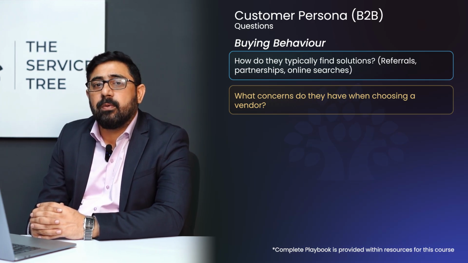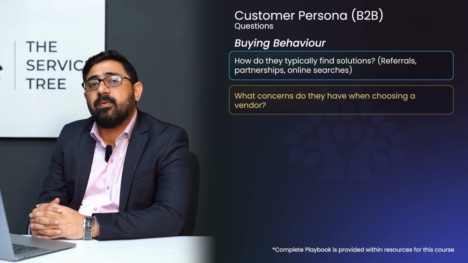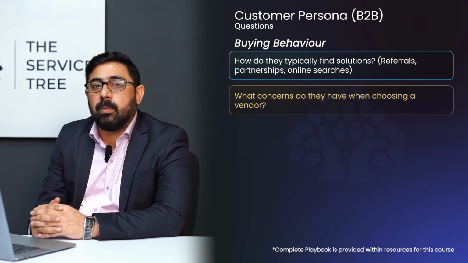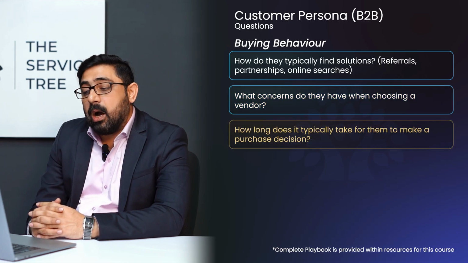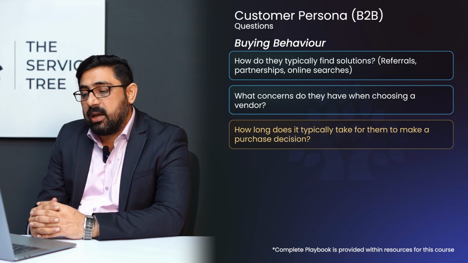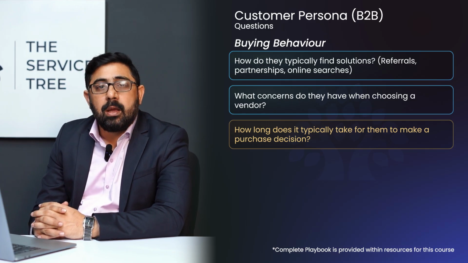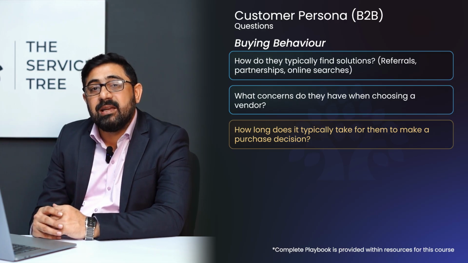What type of constraints might they be looking for, what type of concerns might they have? For instance, they can talk about the quality, the speed of delivery, the accuracy, the cost effectiveness, or any other thing. How long does it typically take for them to make a purchase decision? Remember, when organizations are making buying decisions, they take time.